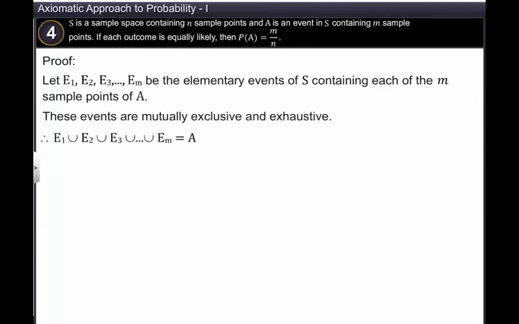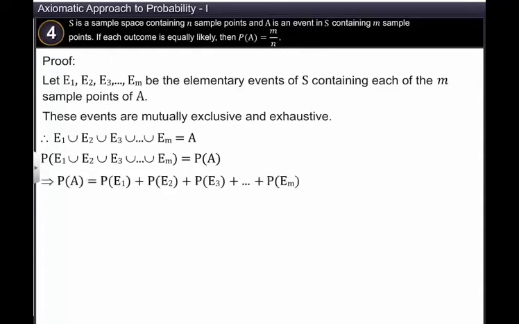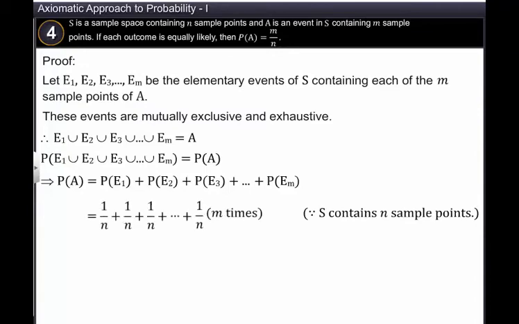Therefore, the union of all elementary events of event A is equal to A. The probability of the union of all elementary events of A is equal to the probability of event A. This implies the probability of A is equal to the sum of the probabilities of each of the elementary events of A. Since we know that S contains n sample points, the probability of each of its sample points is equal to 1 divided by n. Therefore, the probability of event A is equal to m divided by n.